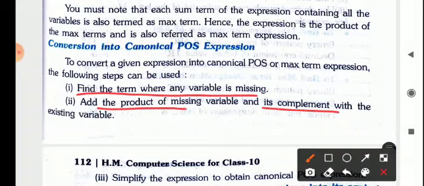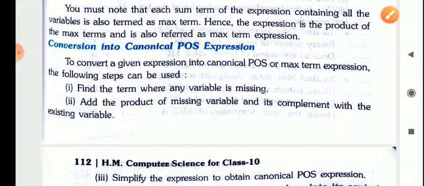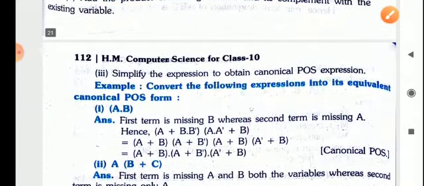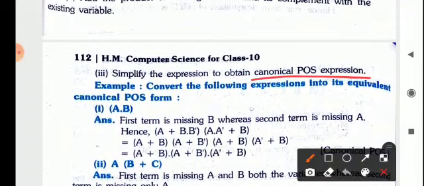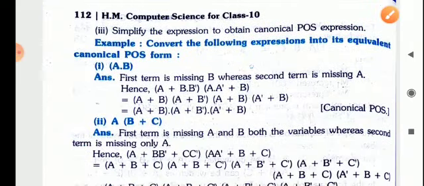In sum of product we were multiplying it, but here we will add the product of the missing variable and its complement. There we were summing it. Next, simplify the expression to obtain the canonical product of sum expression.